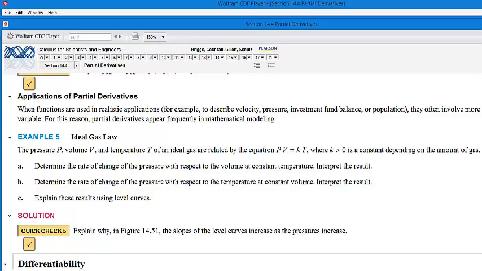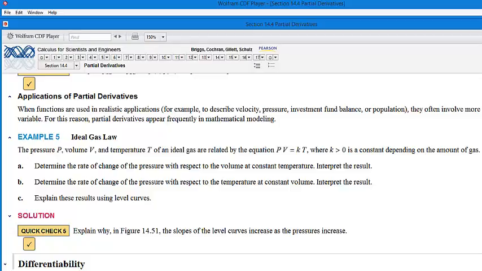Kathy, you want me to go over the quick check, or should I go over the whole thing? No, I'm just comprehending that example. Let's do that. All right. So it says we have PV equals KT. Part A, determine the rate of change of the pressure with respect to the volume at constant temperature and interpret the result.